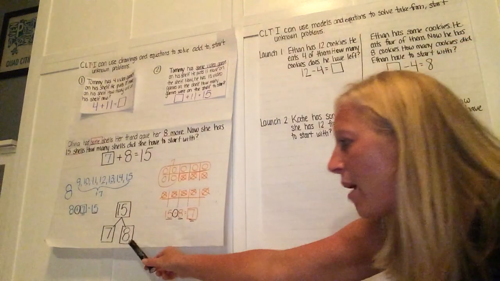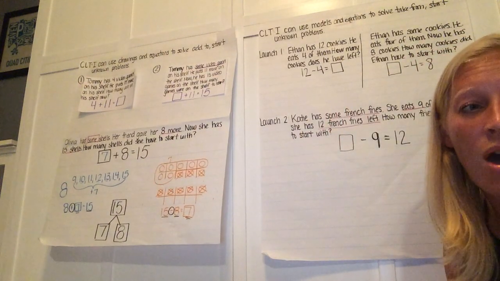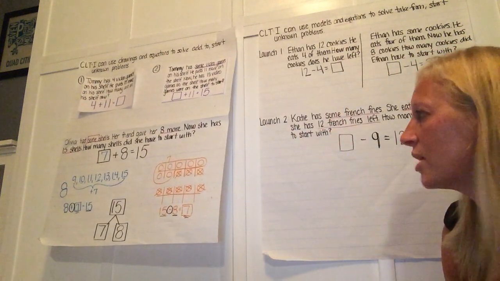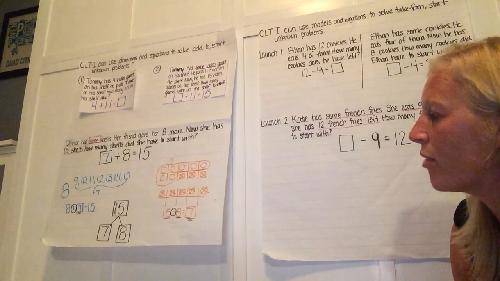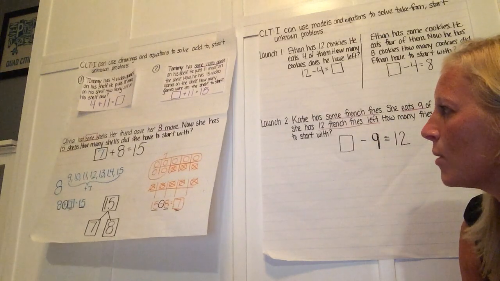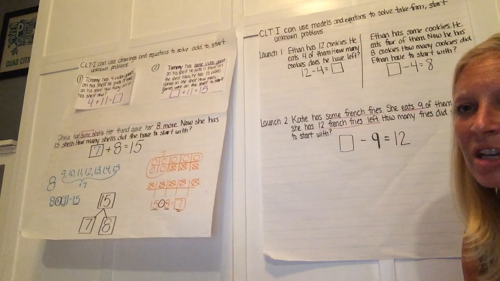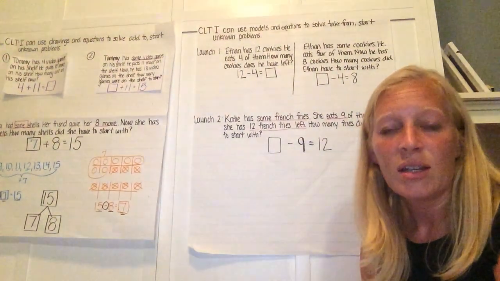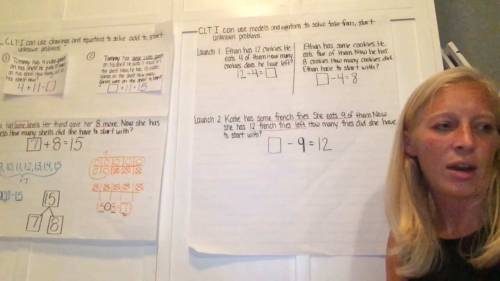And we thought about that number bond, that part whole, to help us think more deeply about the relationship between those numbers. So today I want you to keep an eye on that public record to help you solve this problem.